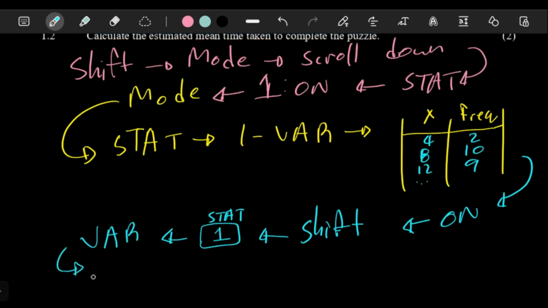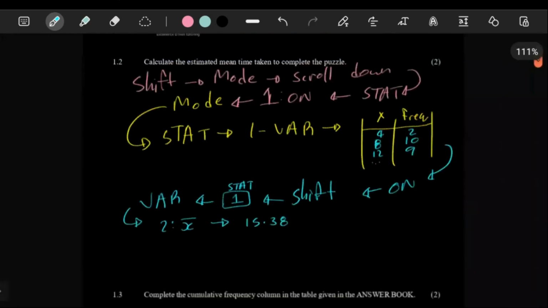It's like var here. After pressing var, you're going to go to option number 2. Like this. And then after pressing option number 2, you're going to press equal to, which is going to give you 15.38 actually. So that right there is your average. It's all calculator work that you need to know.